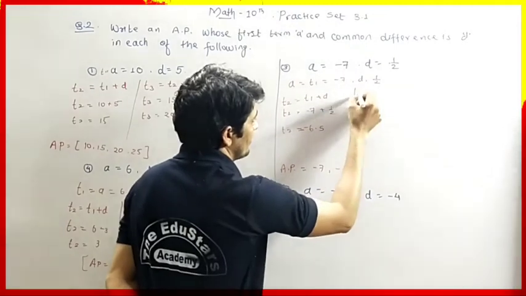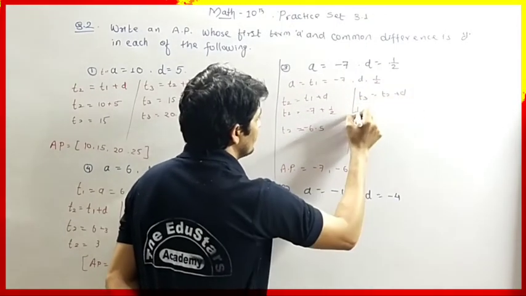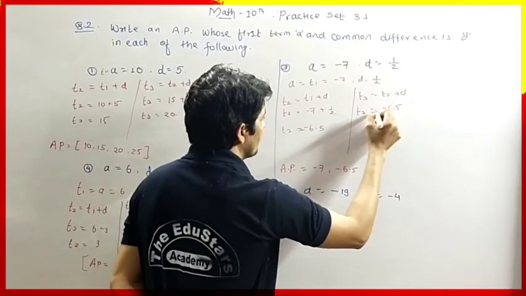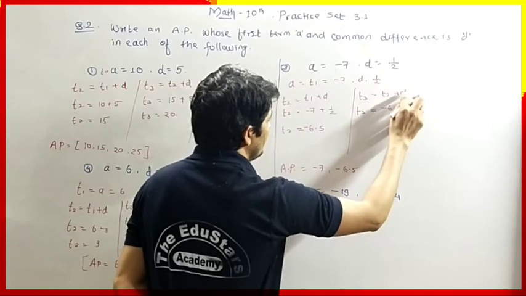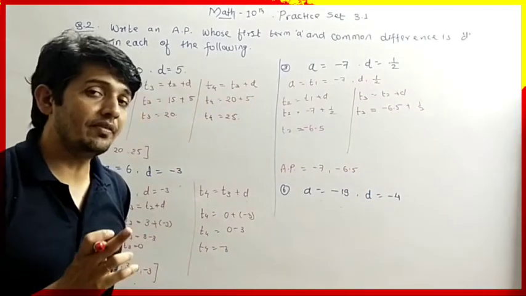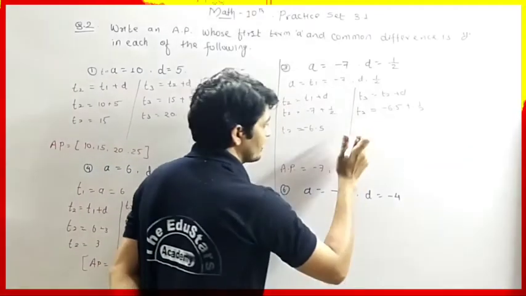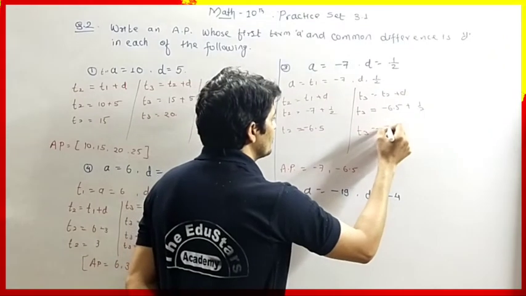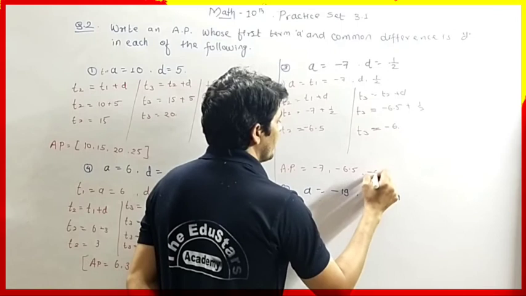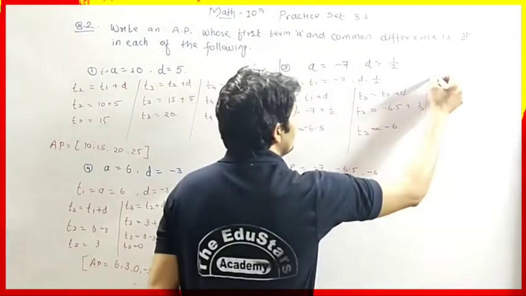Now T3 equals T2 plus D. T2 is negative 6.5 plus D, which is 1 by 2. Again 1 by 2 is 0.5, and if you subtract 0.5 from 6.5, you will get 6. So T3 equals negative 6. So the next number is minus 6. Now one more term we have to identify, that is T4.